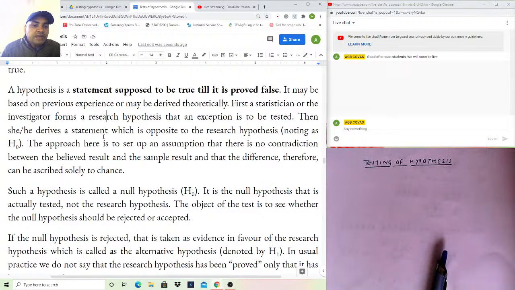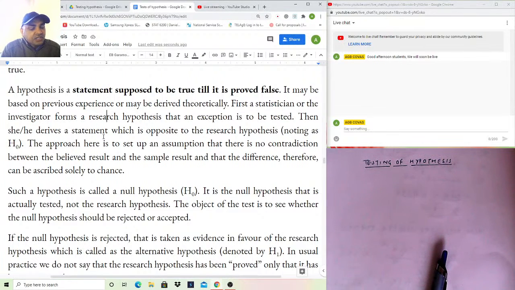When we start doing research, we make a hypothesis that an exception has to be tested, where what is already known is not generally tested, or if it is known, then we retest it to see whether in our condition the same results will be obtained.